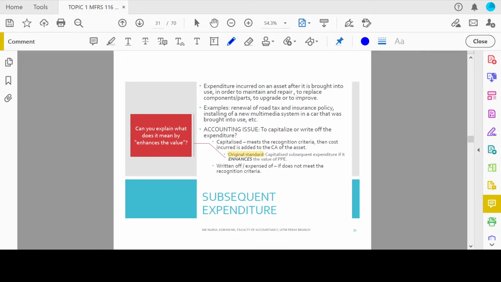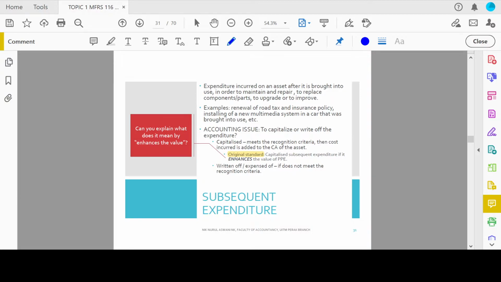Enhancement could also be in terms of reducing the operating costs. If the subsequent costs incurred have this enhancement criteria, then you may be able to capitalize the cost and add it to the carrying amount of the asset.